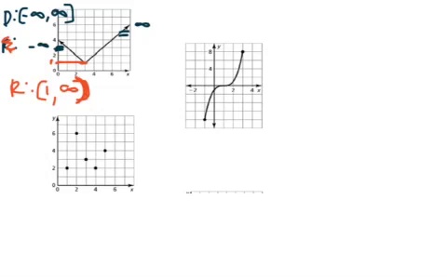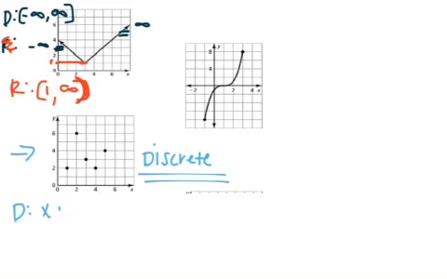Okay, this last one, I want to show you the domain and range. So down here at this bottom one. Now, this is a discrete function. It's not continuous. It's separate ordered pairs. So your domain, these are the x values. So you're writing all of the x values of those ordered pairs. And we're going to just make a little list of them.